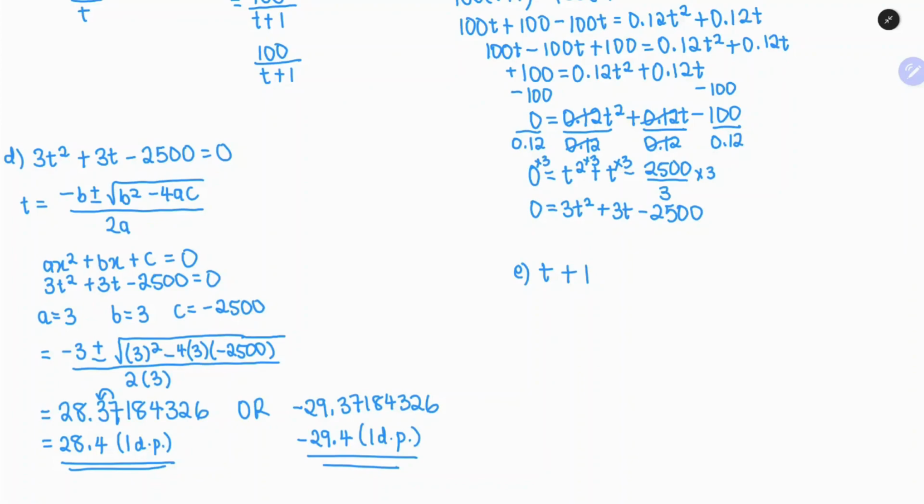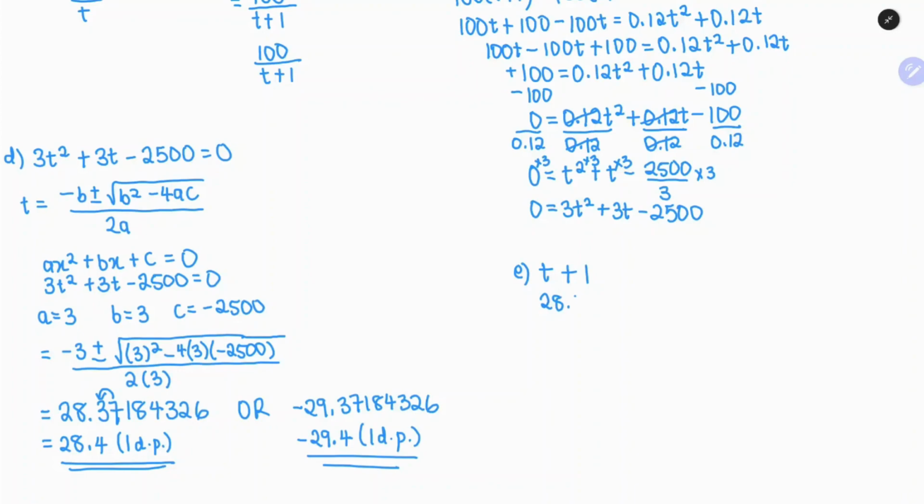So the one that you're going to pick is the positive answer. You're going to pick the 28.4 because it's positive. Remember, there's no negative 28 point whatever seconds in terms of time. So the positive answer for T is 28.4.